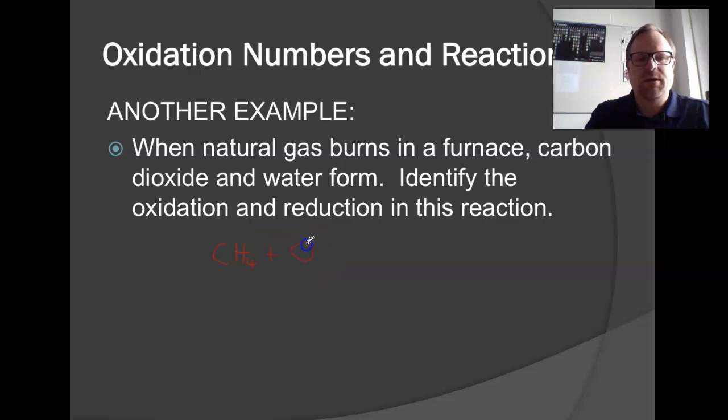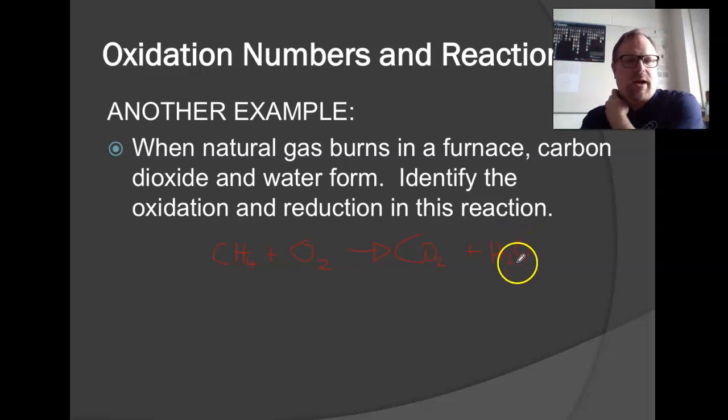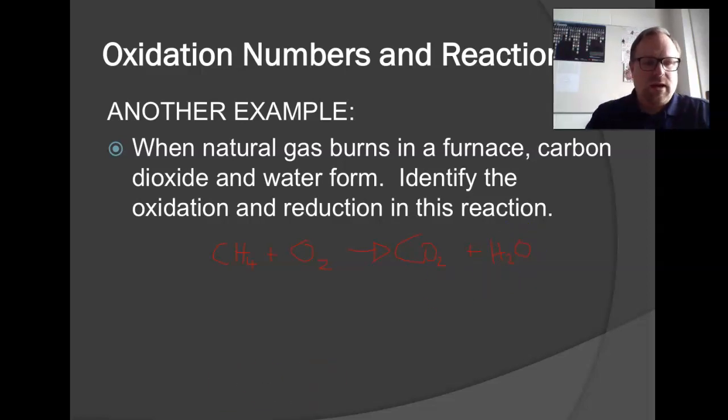Well, burning is combustion, and it's going to produce carbon dioxide, CO2, and it's going to produce water. And because it's burning, we'll assume it produces gaseous water, which is something we learned back in the previous unit. Then to sort this out, we should make sure we balance, because that's always good practice. So we need a 2 in front of there and a 2 in front of there.